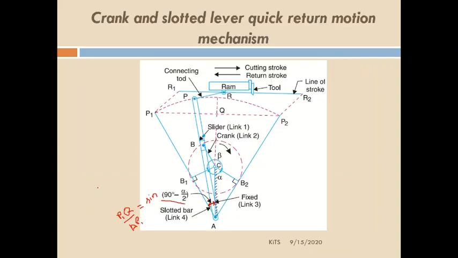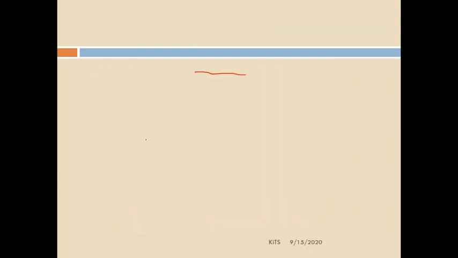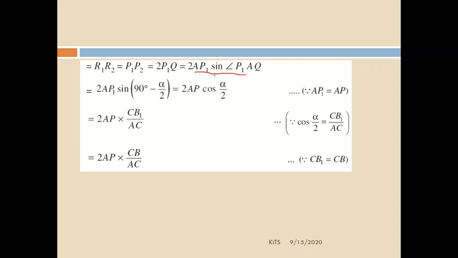Okay, what I need is P1Q. So P1Q will be equal to AP1 times sine of 90 minus alpha by 2. Instead of sine 90 minus alpha by 2, they have given the angle P1AQ. Both are the same only. In the next step, they have introduced the value.